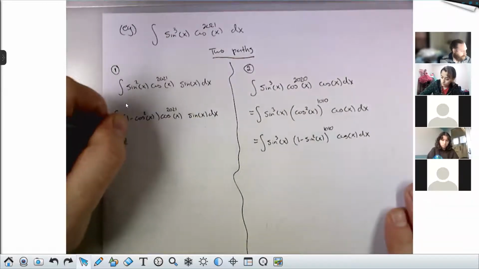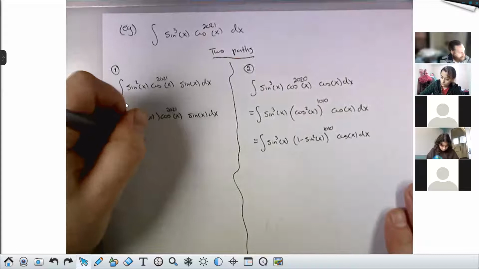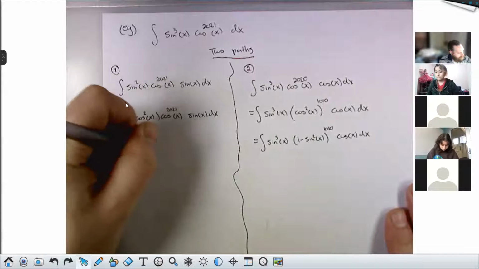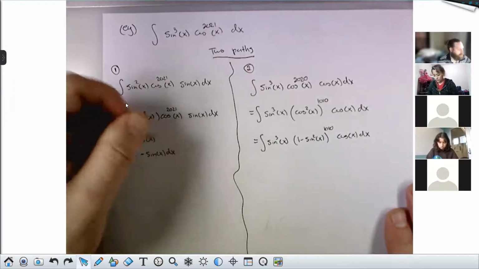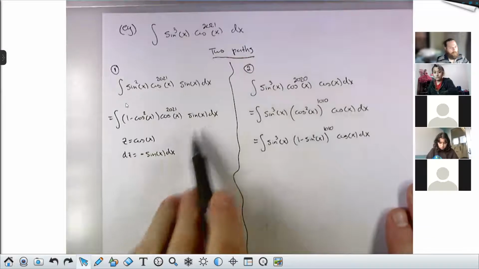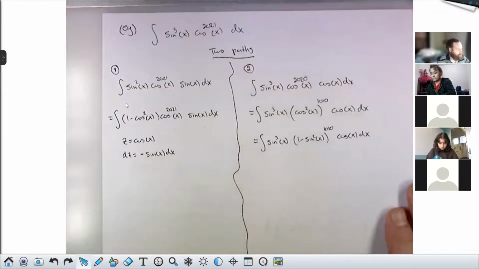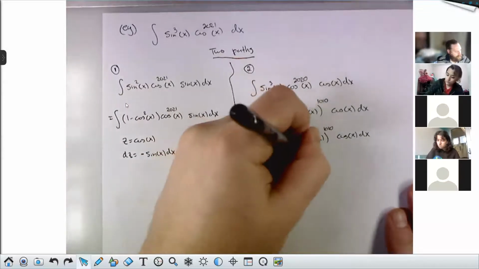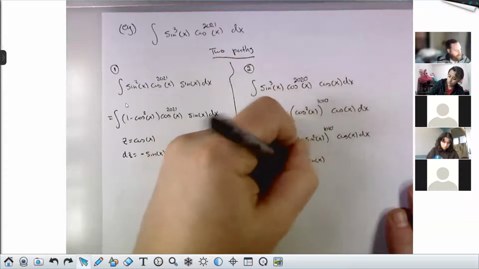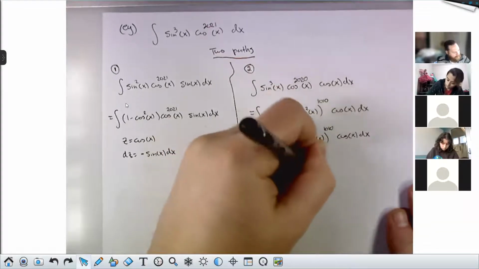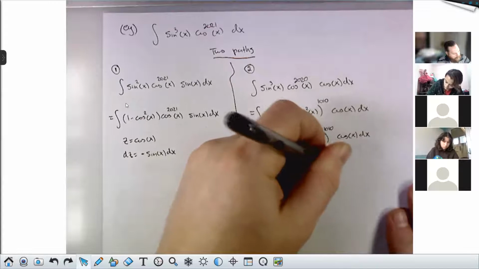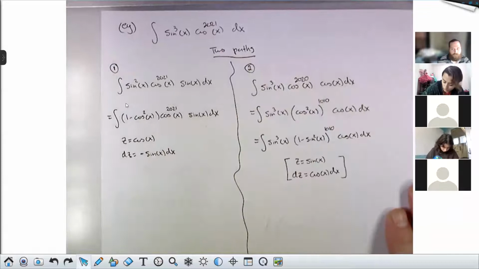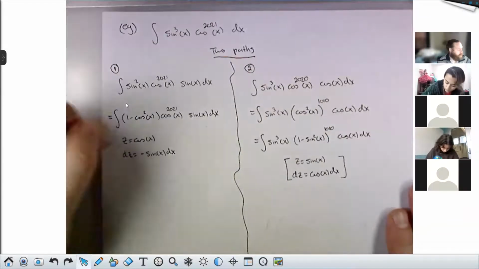In the first integral, I would let z be cos x, so dz is negative sine of x dx. And you see I've got my sine of x dx here ready to be soaked up or canceled by the dz. In the second integral, the substitution would be z equals sine of x, which means dz would be cosine of x dx. And again, I've got my cosine of x set aside at the end, ready to be canceled or soaked up in that substitution.